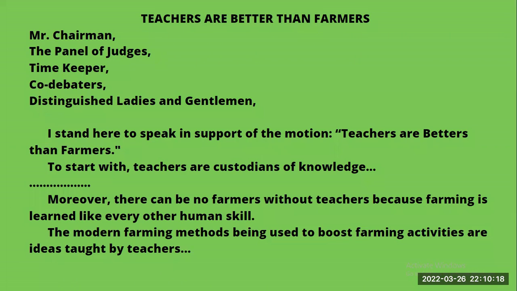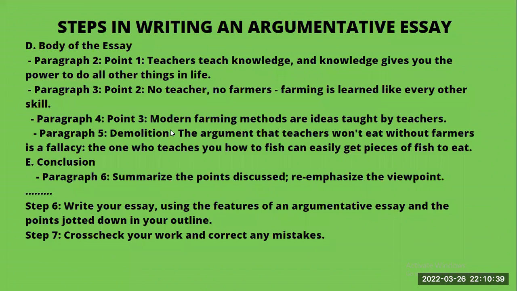You can say that you are convinced that teachers are better than farmers because of this, blah, blah, and you can summarize or list what we usually call the enumeration. You can pick the points you have jotted down in your outline. Let me show you, and then use them.